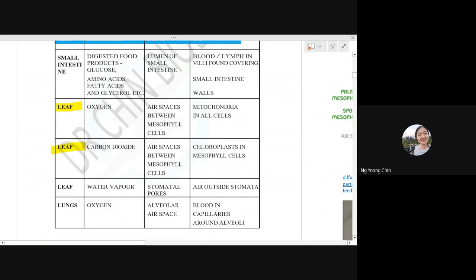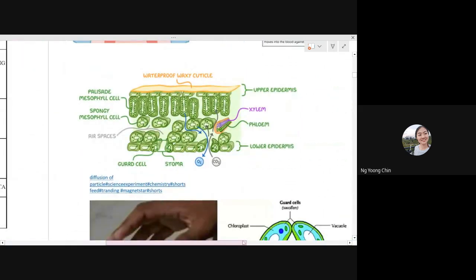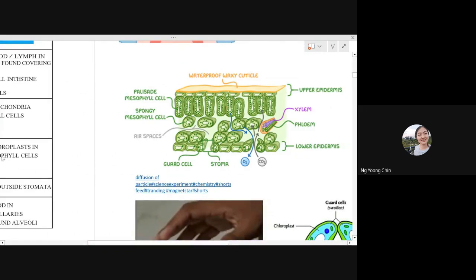The carbon dioxide is able to get into the leaf by simple diffusion, and the oxygen is released out also by simple diffusion. As simple as that.